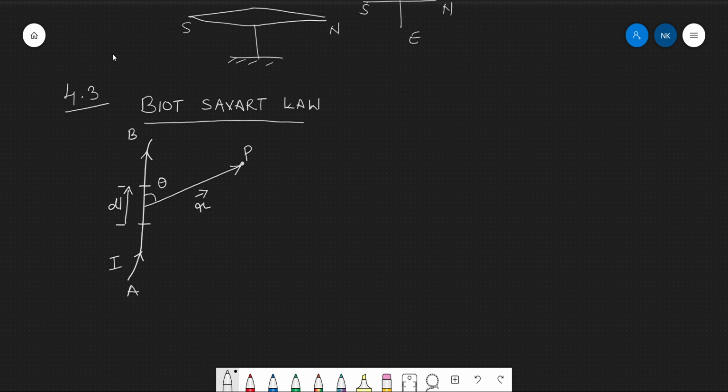Since the magnetic field is calculated just because of this small segment dl, I mark the magnetic field at this point as dB vector, and here it is a cross sign. Why it is a cross sign, I will explain here.